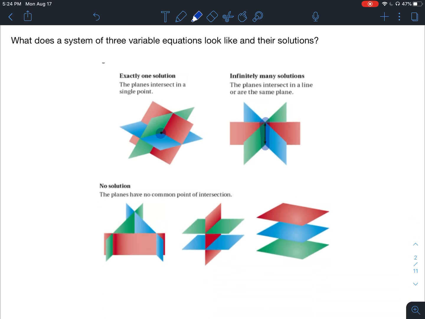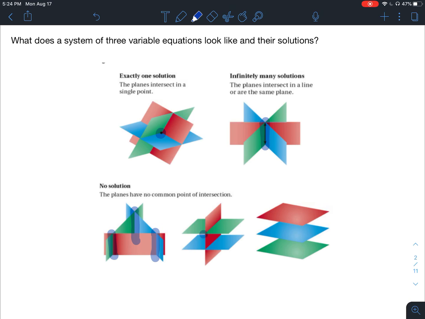And down here on the bottom is what it looks like whenever you have no point in common. Because you can see in this first one right here, the green and the red are intersecting, but not the blue. Over here, the blue and the red are intersecting, but not the green. Right here, the green and the blue, but not the red.